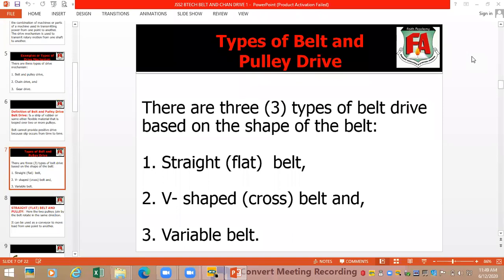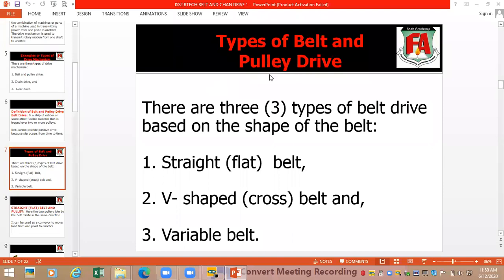Like I said, we have 3 types of belt drive based on the shape of the belt. The number 1 type of belt is called the straight or flat belt. The number 2 type is the V belt or V-shape or cross belt.